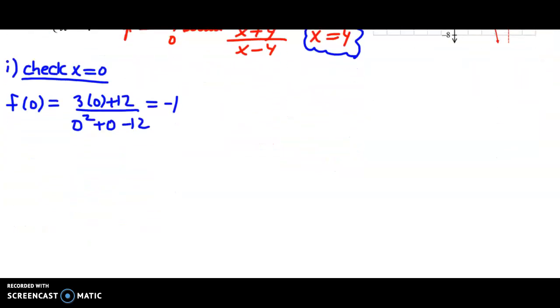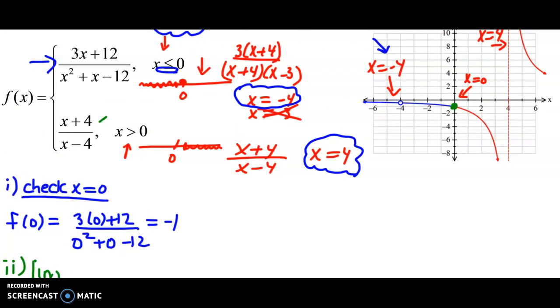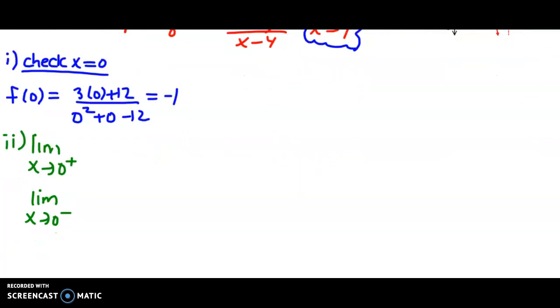The second thing I'm going to do is evaluate the limit. Now the limit I'm going to evaluate from the left and the right because that's how the piecewise function is defined. So to the right of 0, I'm going to choose this function because it's greater than. So I'm going to substitute my value in 0, and I'm going to get -1.